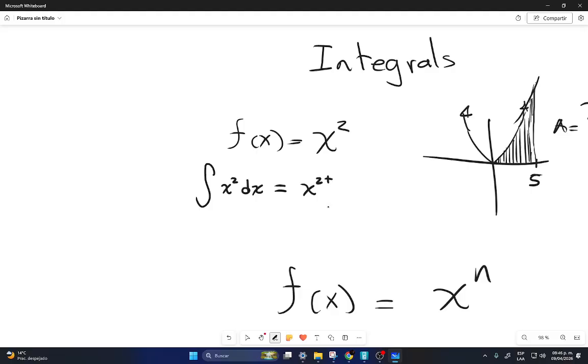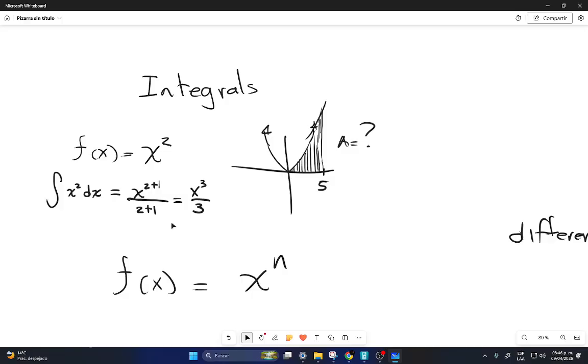We add 1 to the exponent and we divide by that new exponent. Okay, so it will be x to the power 3 over 3. Now, if I want to calculate the value of this area, I just need to replace the x with the 5 in this case. Okay, so let's do it.